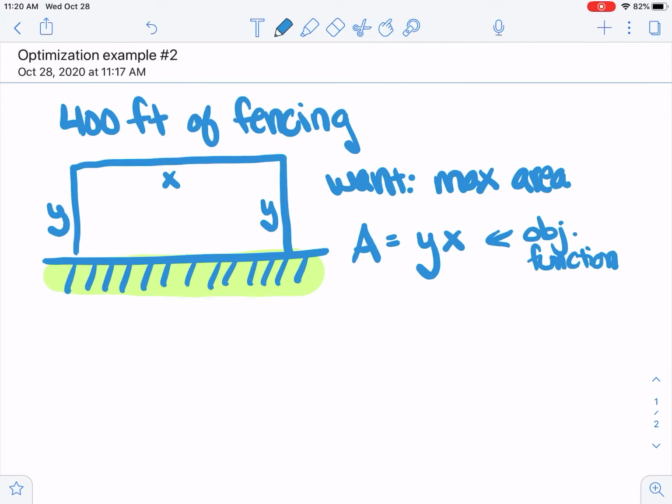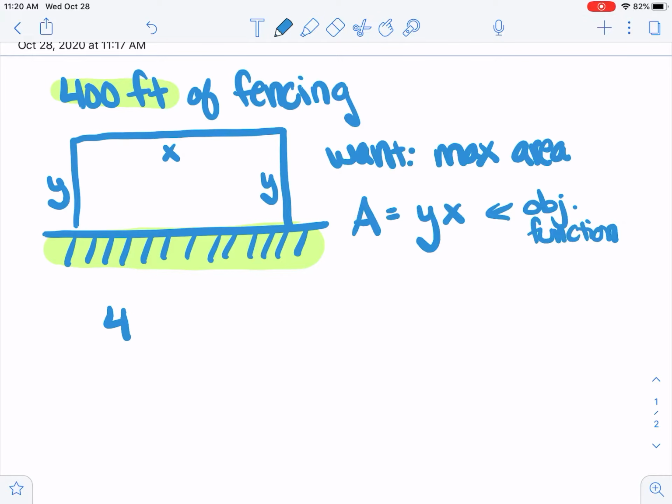And like in the previous example, it's a function of two variables, which is kind of a problem for us. We need it to be a function of one variable in order for us to take a derivative and find critical points. So how can we deal with that? Well, we haven't used the fact given to us in the problem statement that we have 400 feet of total fencing. So we know that 400 is going to equal 2y plus x.